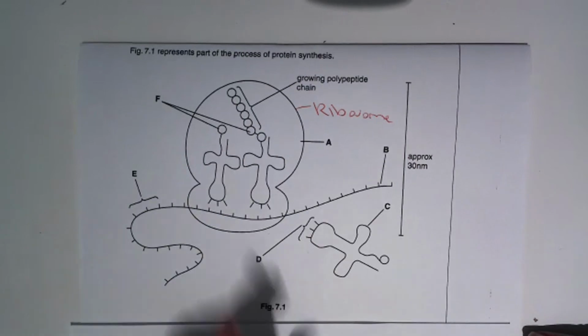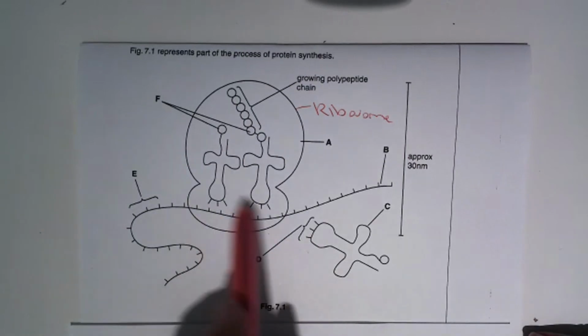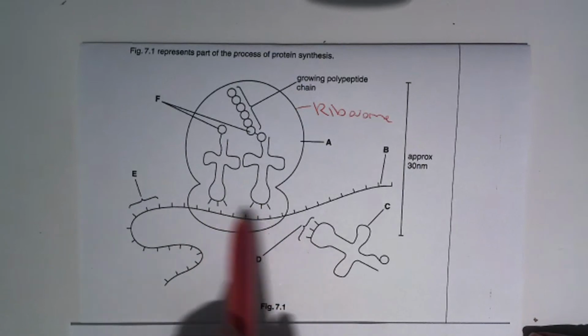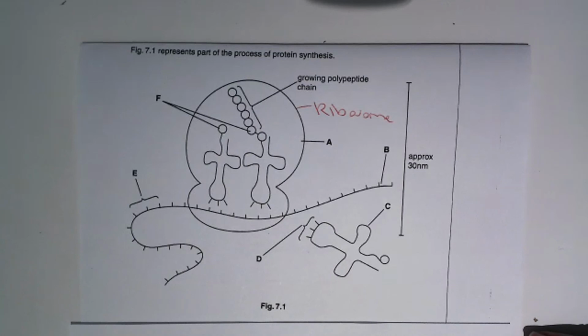Now, it will accept, because you've got transfer RNA entering the ribosome, as well as messenger RNA, both of these two will be inside the ribosome, it will accept messenger RNA and transfer RNA as an alternative answer.